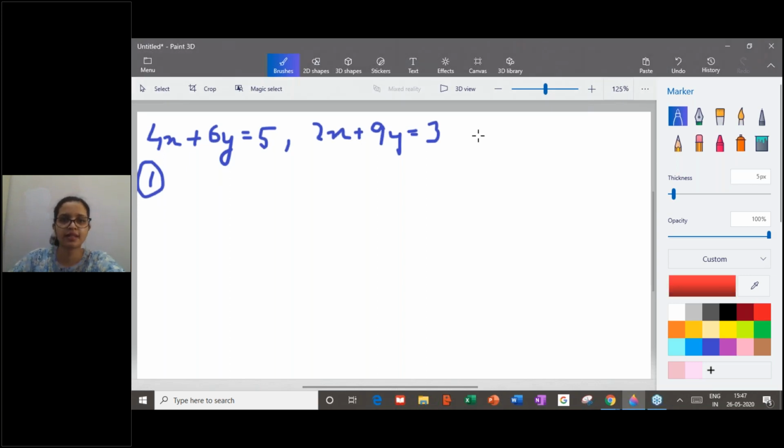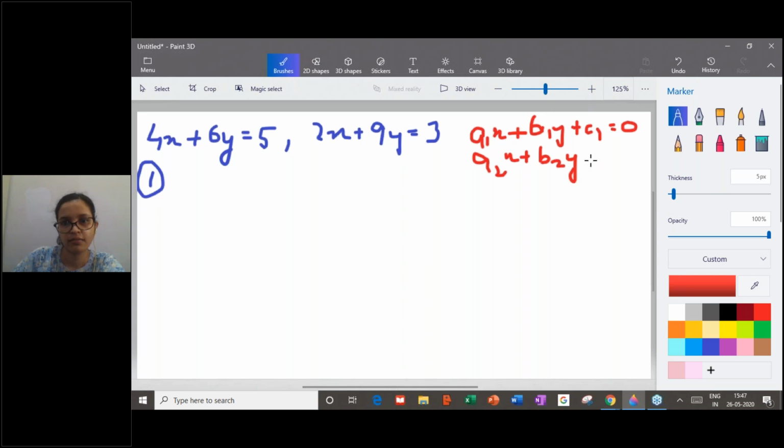The standard form is a1x plus b1y plus c1 is equal to 0, and the second equation will be a2x plus b2y plus c2 is equal to 0. So this is basically the standard form. I'll write it here as standard form.